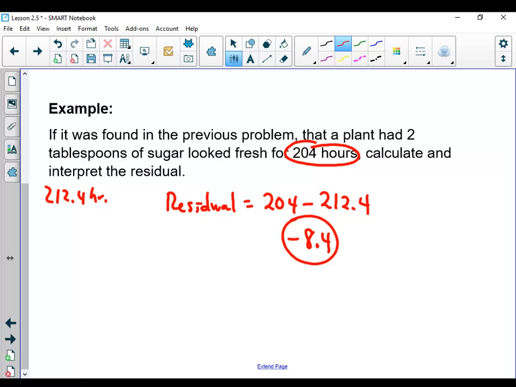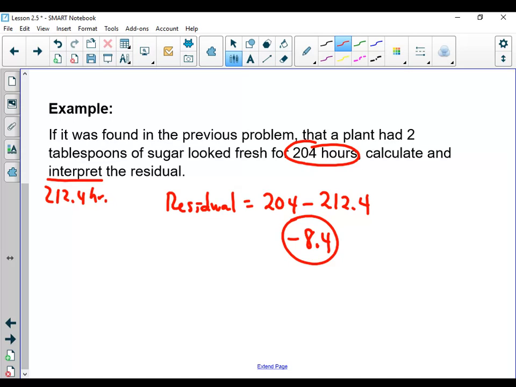The interpretation of that tells me something about my prediction. Well, if I have a negative residual, does that tell me my prediction was too high or too low? Too high, right? If I have a negative residual, and that's kind of a tricky way of thinking about it, but a negative residual says I have a prediction that was too high.